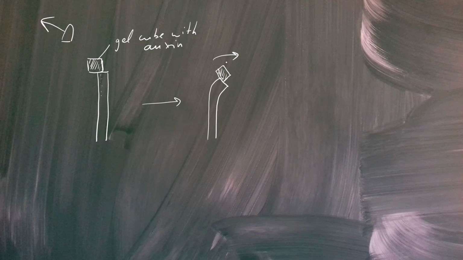So it shows that you do not actually need an apical meristem for this to work. And also you don't need any sun for this to work, because you can actually trigger it like this as well, right? So this is actually an example of how plant hormones can cause plants to respond to the environment, in this case the direction of the sun.